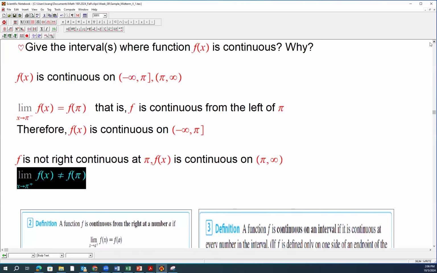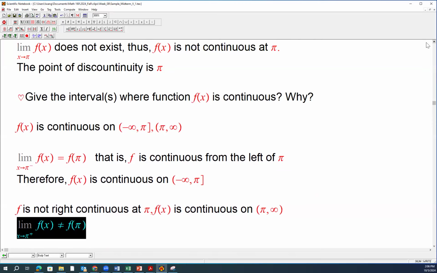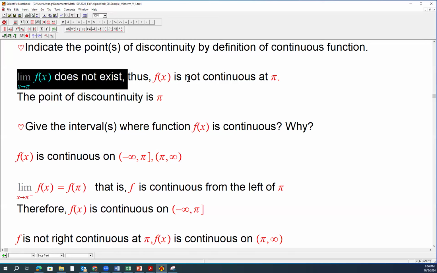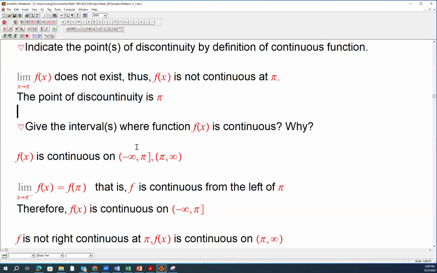All right. So to summarize these additional questions: indicate the points of discontinuity by definition of continuous function. This does not exist, thus it is not continuous. The point of discontinuity is pi. Okay, that's the answer.